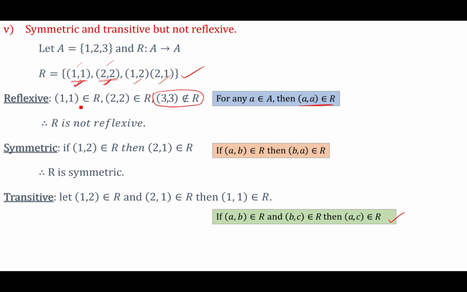Now I need to check this one. (1, 2) is there, (2, 1) is there, (1, 1) must be there. Yes, it is there. (1, 2) is there and (2, 2) is there, and (1, 2) must be there. Yes, it is there. So it is a transitive relation.